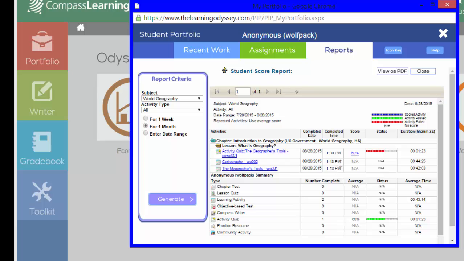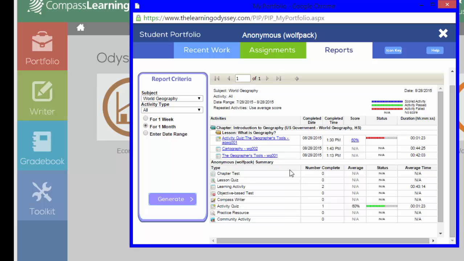Cartography, the assignment lesson video, was ended at 2:43, and that student spent 44 minutes in it. And the geographer's tools, again, they ended at 2:43 today, and they spent 42 minutes looking at that video.